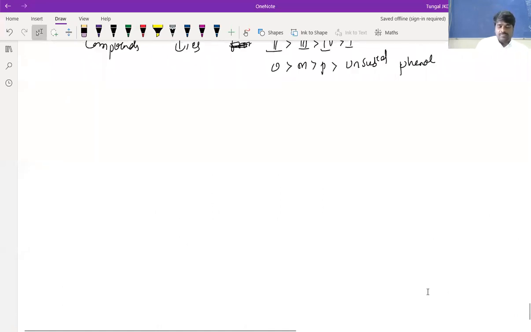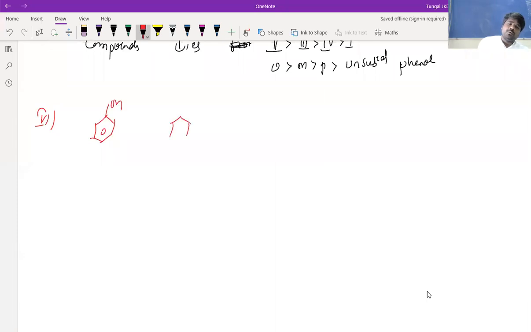If I take fluorobenzene, one last example. If I take this particular compound, phenol, orthofluorophenol, metafluorophenol, parafluorophenol.